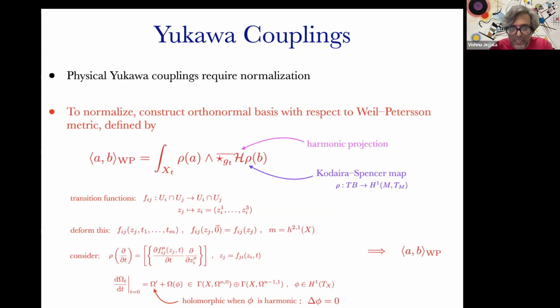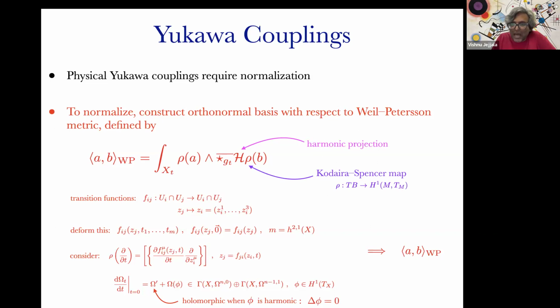So the key is that physical Yukawa couplings require us to normalize. And to normalize, we construct an orthonormal basis with respect to the Weil-Petersson metric. The computation of the Weil-Petersson metric basically uses harmonic projection coupled with a Kodaira-Spencer map.